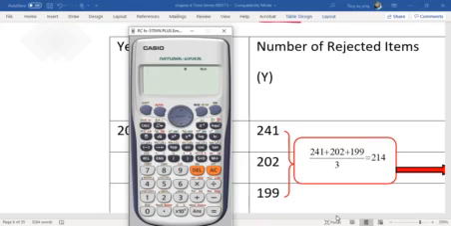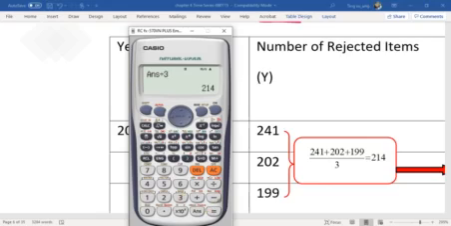You need to key in manually, you can't get everything from just a fingertip. So here you just total up. Reset everything first as usual. So 241 plus 202 plus 199. Then don't forget to divide by 3.